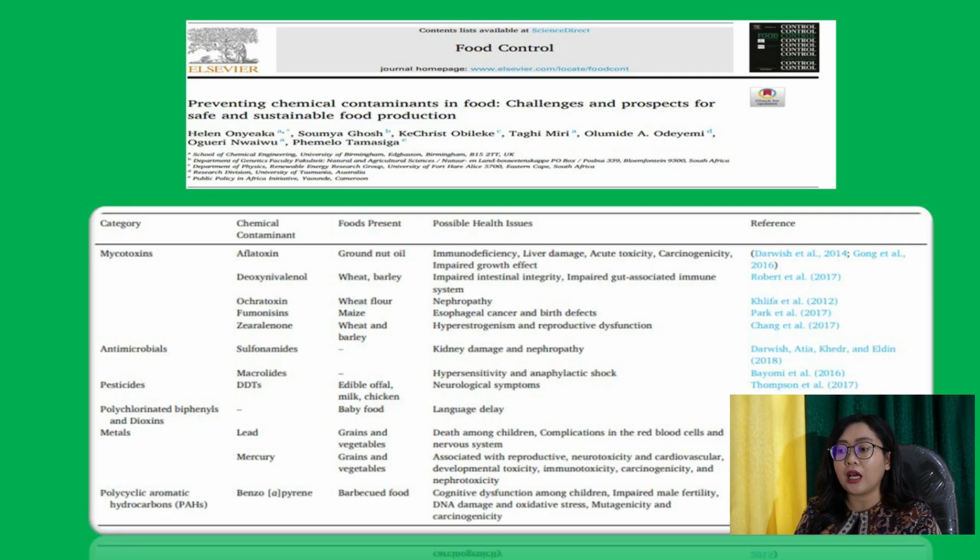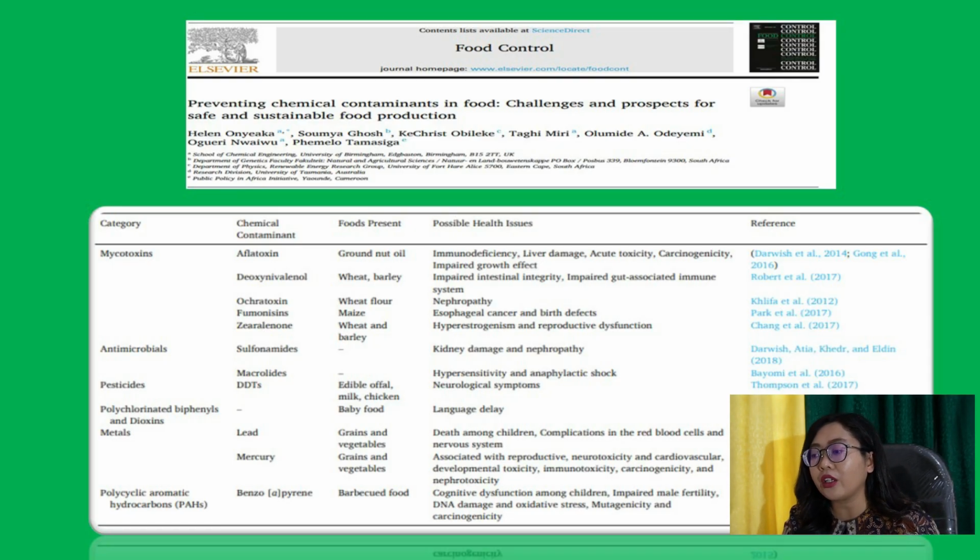The first one is mycotoxins. The types of chemical contaminants are aflatoxin, deoxynivalenol, ochratoxin, fumonisins, and zearalenone. They found that all these chemical contaminants occur in groundnut oil, wheat and barley, wheat flour, and maize, and of course, there is an impact of these chemicals.